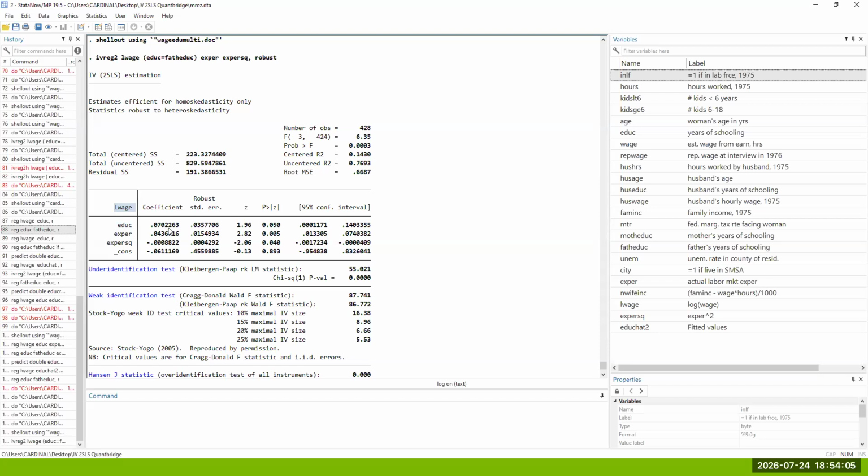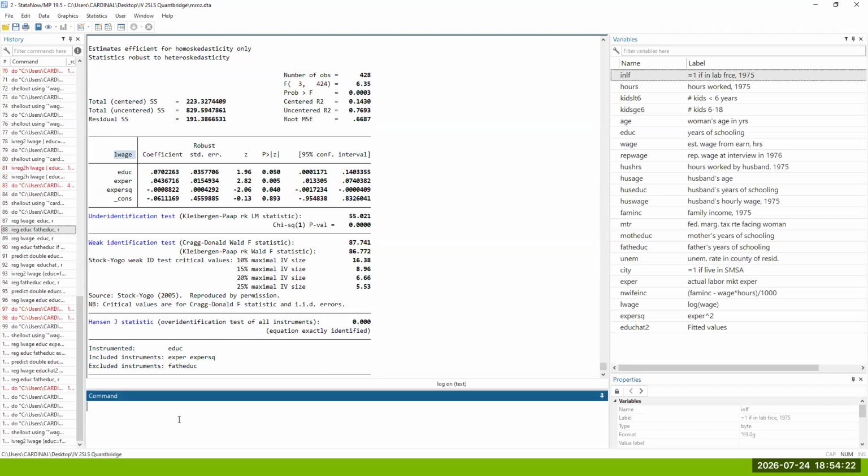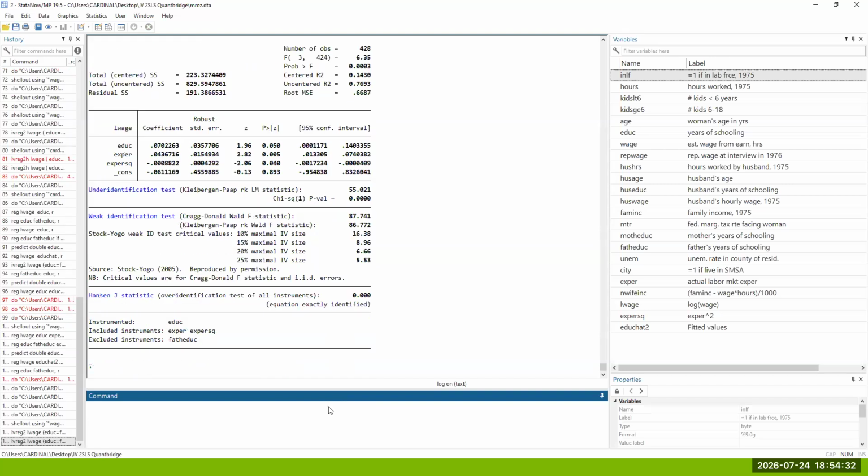It tells you that at this point, the effect of education on wage is 0.70, all that. The father's education has been factored in. But if you add first to your code, it gives you the first stage regression, so you can report.